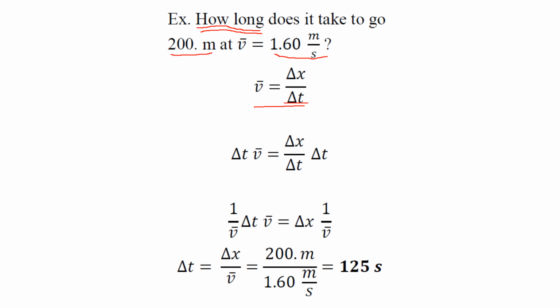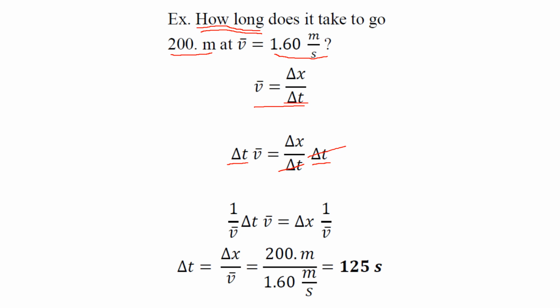The first thing we're going to do is multiply both sides by the change in time. Remember, if you multiply both sides of an equation by the same thing, you haven't changed anything. You've moved things around, but the equation is still true, is what I mean. And so when we multiply by change in time on the right, we cancel the change in time in the denominator.